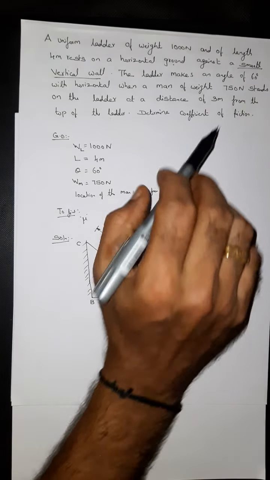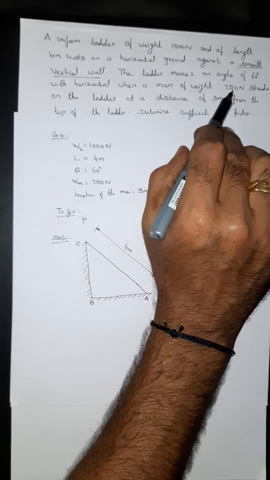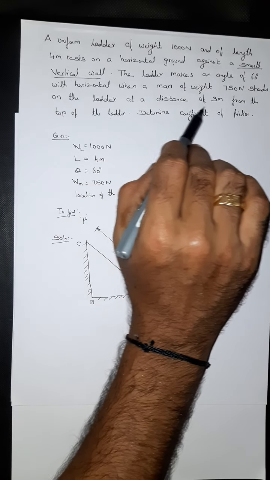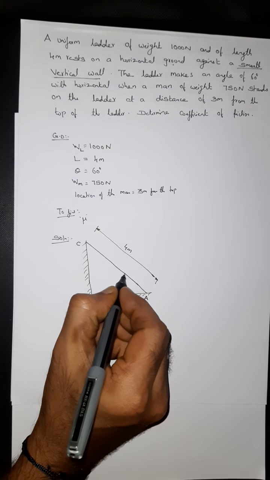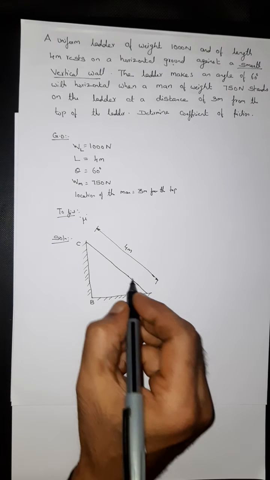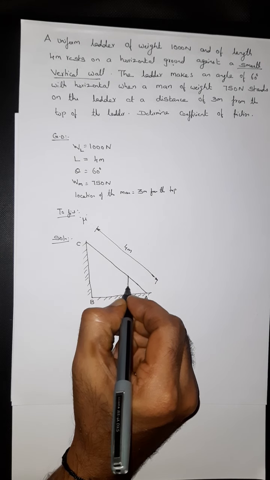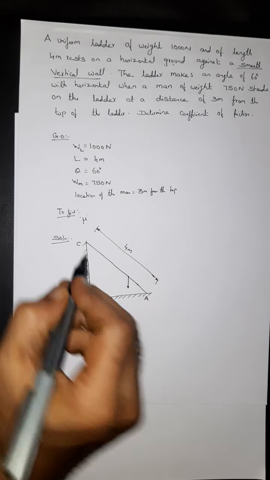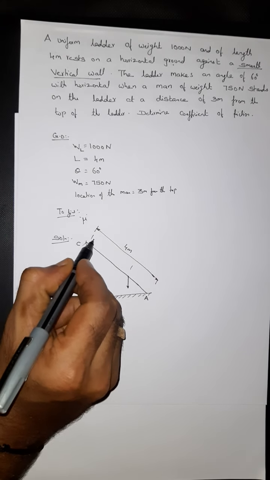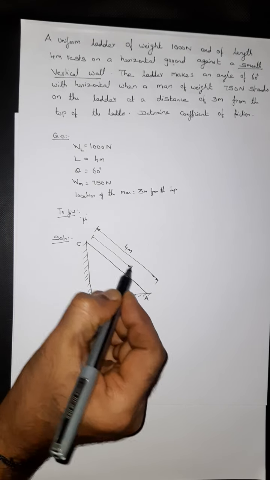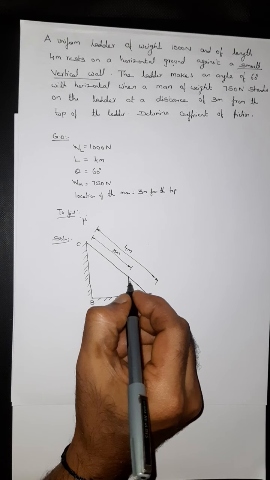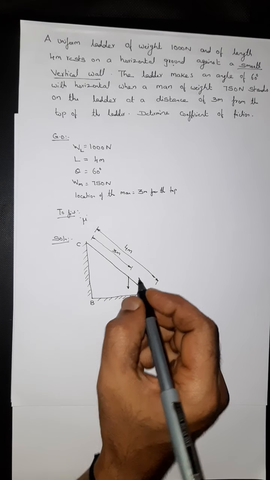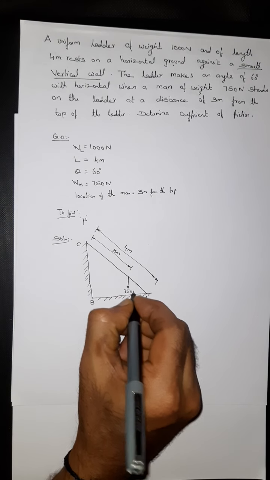And a man of weight 750 stands on a ladder at a distance 3 meter from the top of the ladder. So from the top, this is 3 meter from the top of the ladder. The man weighs 750 Newton.